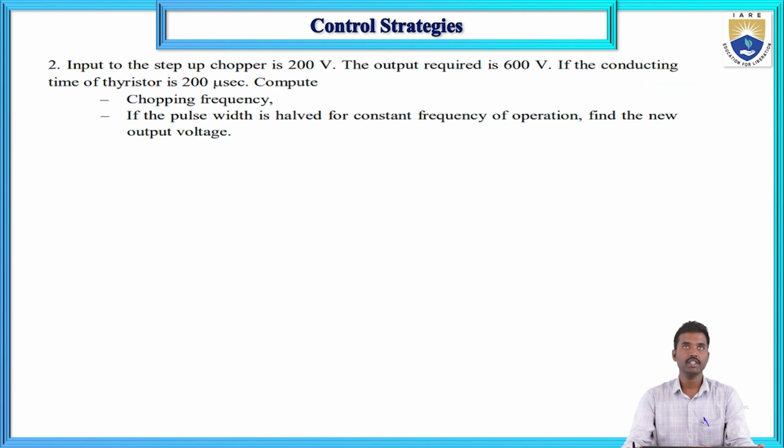In the second problem, the input voltage, here it is a step-up chopper. Vs equals 200 and V naught equals 600.